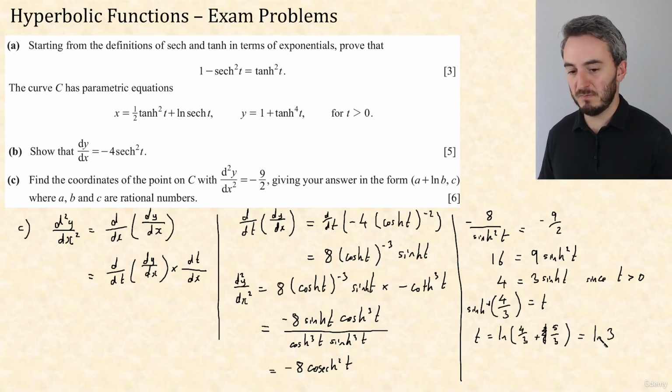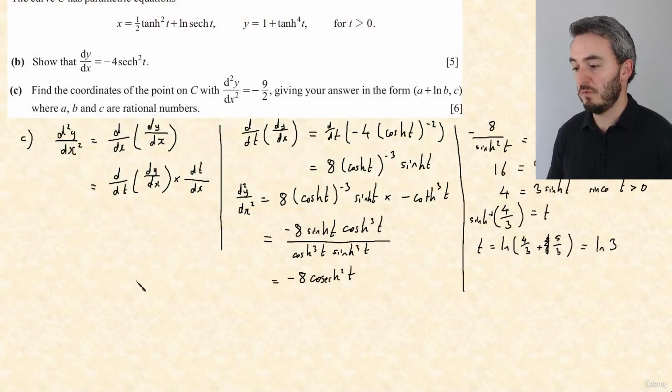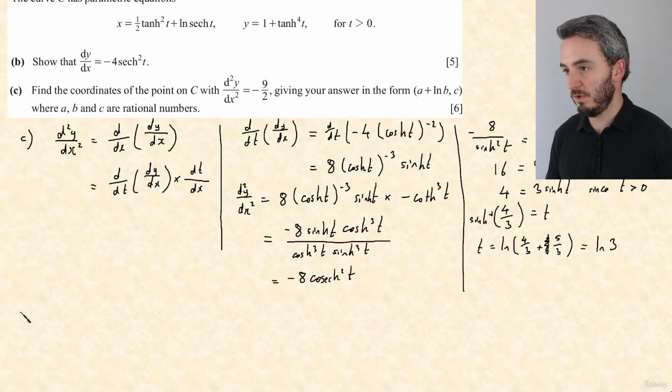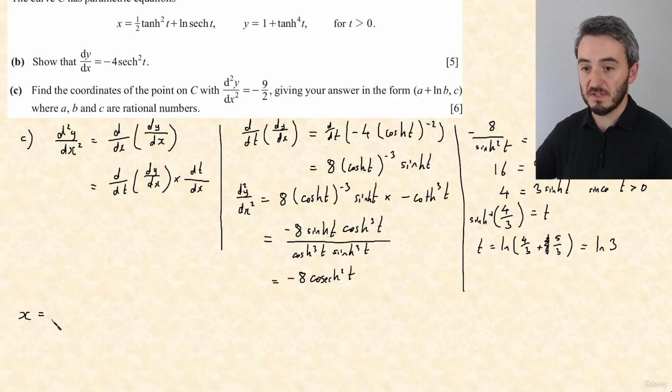We're nearly there. It's a bit of a monster of a question, isn't it? I just have to be subbing that into x and y now. So with x being equal to half tanh squared t, at this stage in such an epic question, I'm absolutely just using my calculator for this. So I want tanh squared of ln 3. So let's work out what tanh of ln 3 is on my calculator.